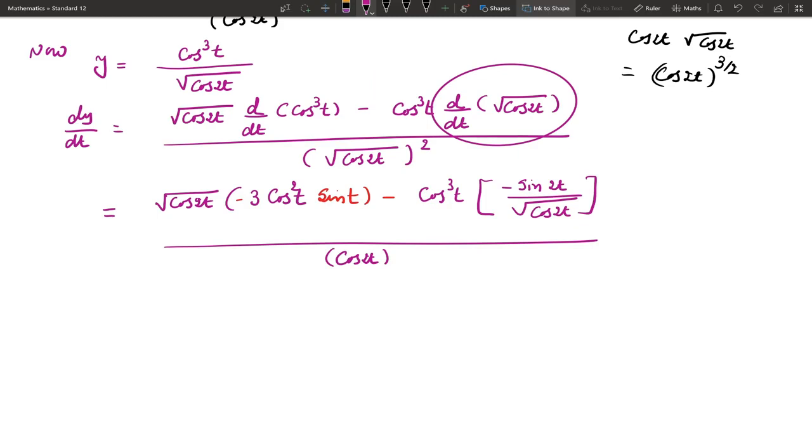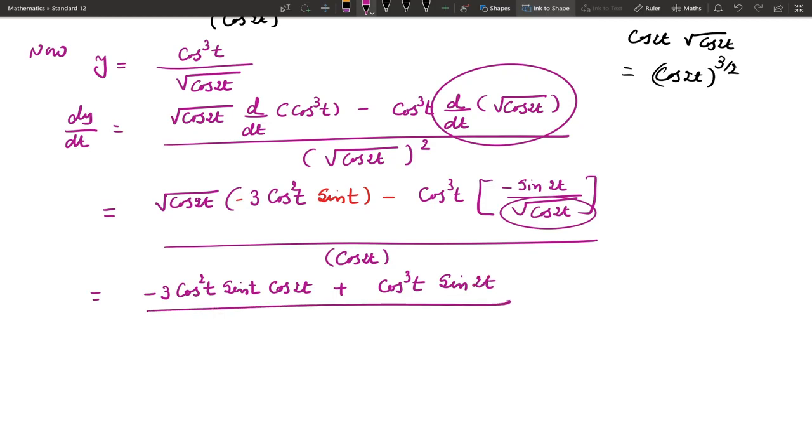Now we take root cos 2t as LCM, so minus 3 cos square t sin t cos 2t, we have taken root cos 2t as LCM, minus minus plus cos cube t sin 2t upon, in the denominator there will be cos 2t into root cos 2t, so it will be cos 2t raised to 3 by 2, 1 plus 1 half.